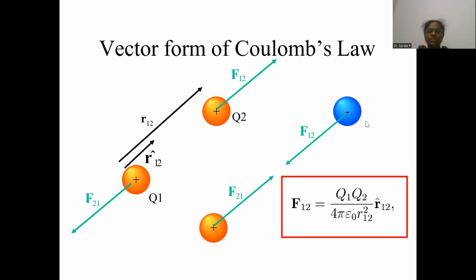Both charges have different signs, so a force of attraction exists between these two charges. So in vector form, how can we express it? F12 is equal to Q1 Q2 by 4 pi epsilon naught R12 square R12. This R12 is a vector which has the magnitude as well as the direction.